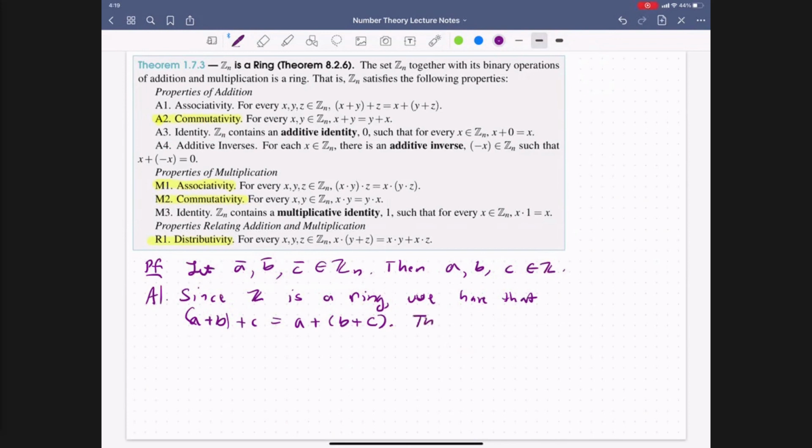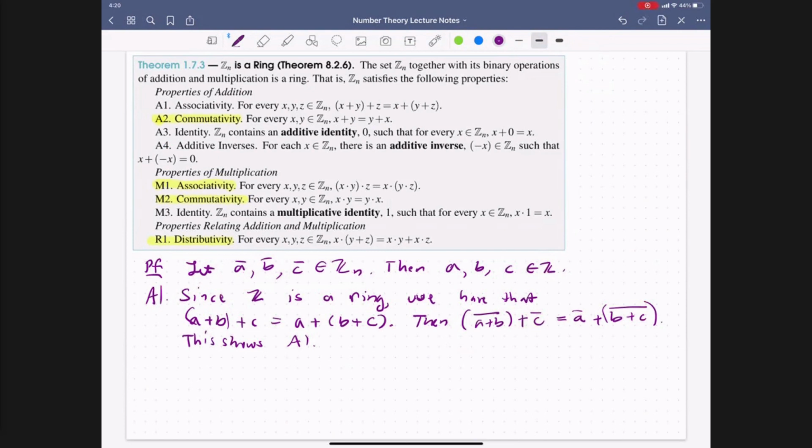So then (A bar plus B bar) plus C bar is equal to A bar plus (B bar plus C bar), since that is how we have defined addition modulo n. And so this shows A1, and we are done. We have proven associativity by relying on the property that the integers are associative.